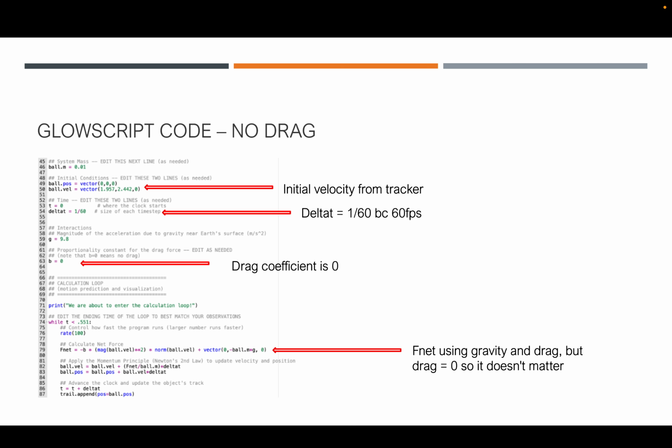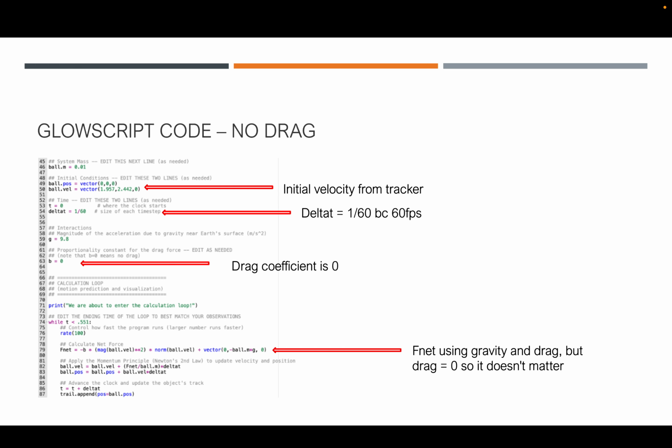And then after tracker, I created two computational models using GlowScript and using the provided starter code. So we can see up here, I set the ball's mass to the mass that I had measured. I set the velocity equal to the initial velocity that I found in tracker.